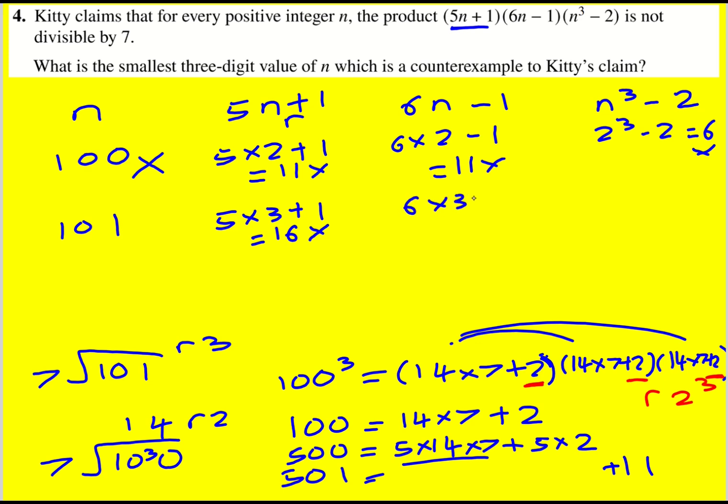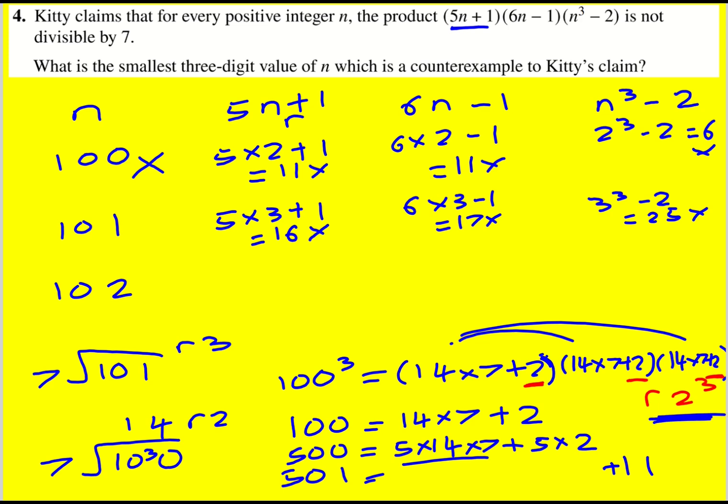Then 6 times 3 minus 1 is going to be 17. So no. And then 3 cubed minus 2 is going to be 25. So no. So it's still going to take a bit of time, but it's much quicker than doing divisions each time. I haven't had to work out what 101 cubed is. I've just used that little fact that I showed you down here.